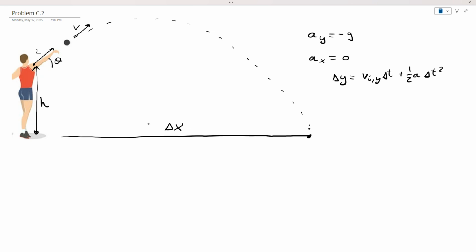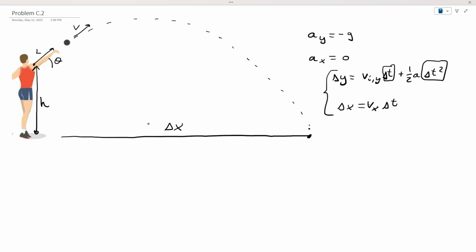With this equation, the only unknown that we have is the time. So we're going to solve for the time and use it to find the horizontal displacement with the equation of motion, which is that delta x is equal to the velocity in x times delta t. So with these two equations, we're going to be able to answer the question here.